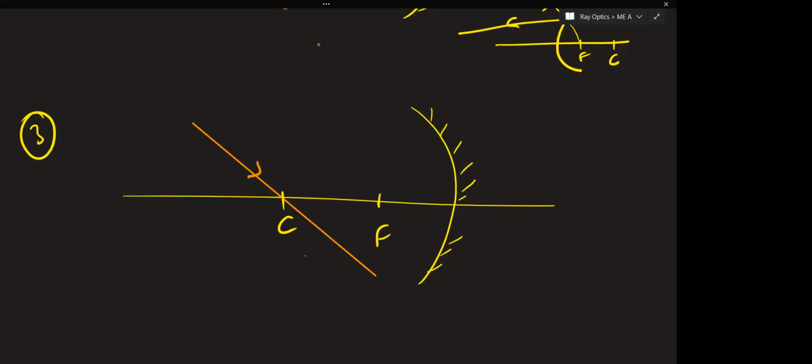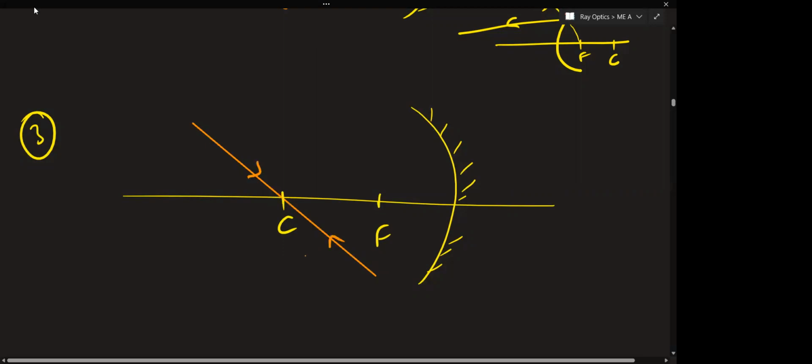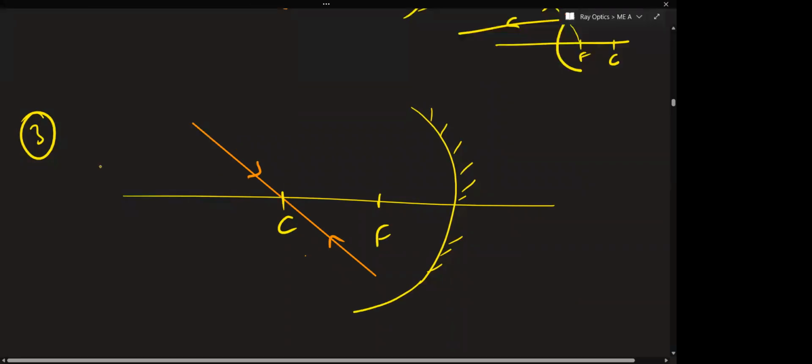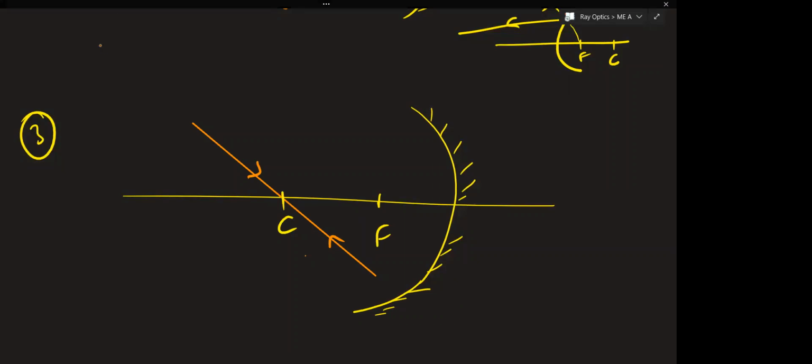If this is coming, after striking the mirror, it will reflect back as it is and retrace its pathway. But it has to pass through the center of curvature.